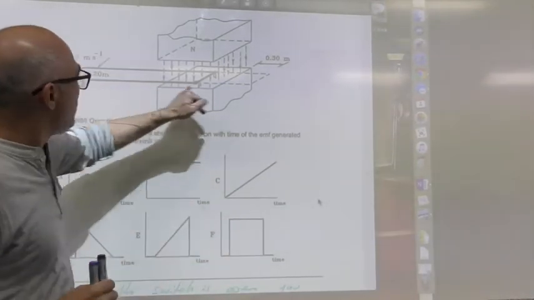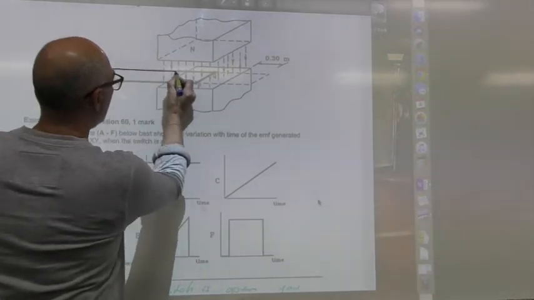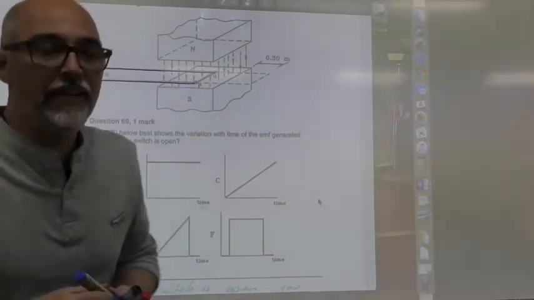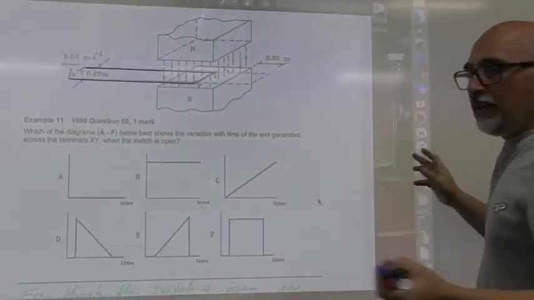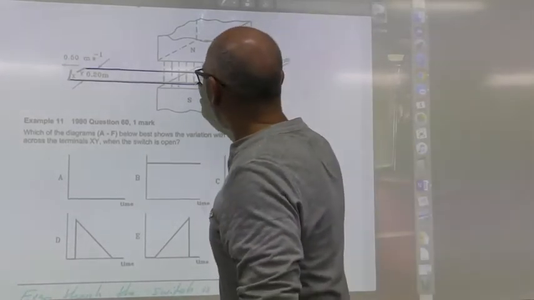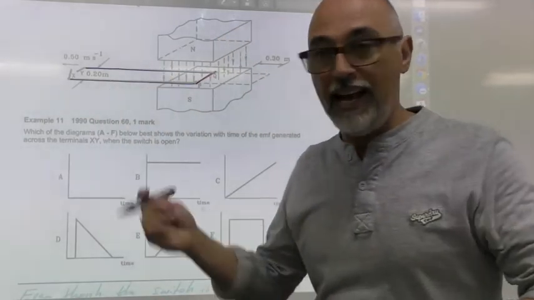So these wires are not responsible for the induction of any voltage or current, okay? The only wire that is responsible is this one here. Why? Because you can clearly see that it's slicing through magnetic field lines as you pull it out.